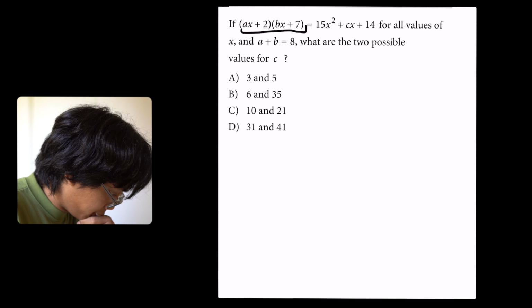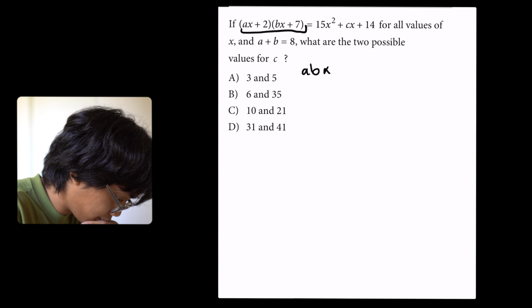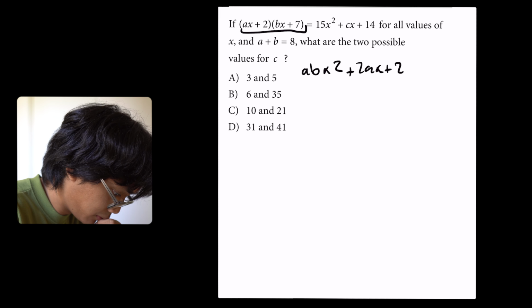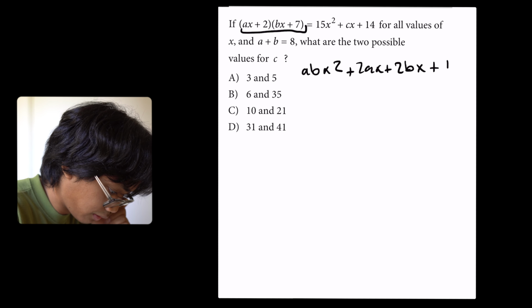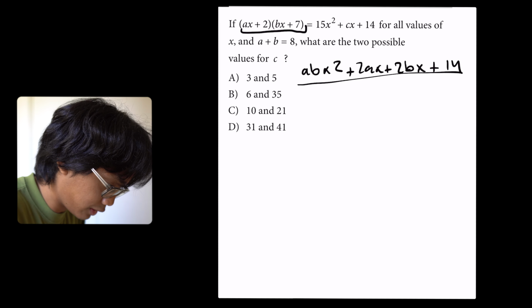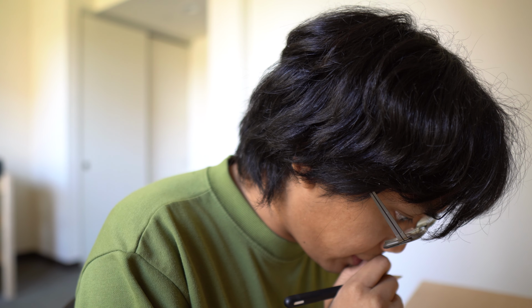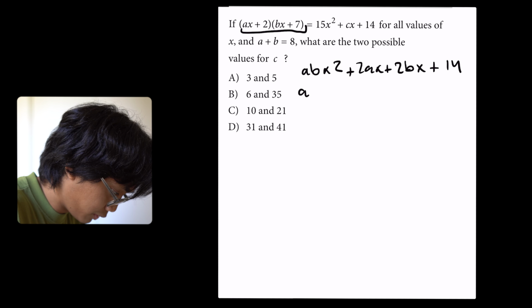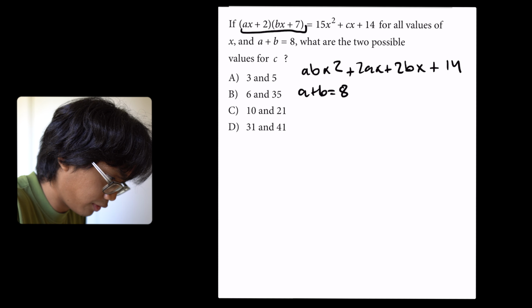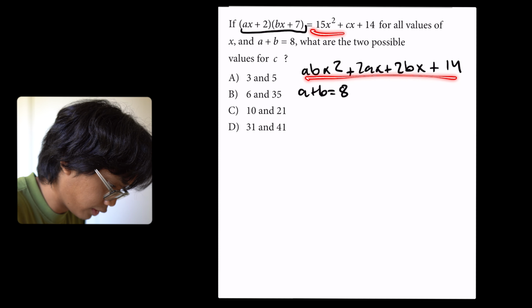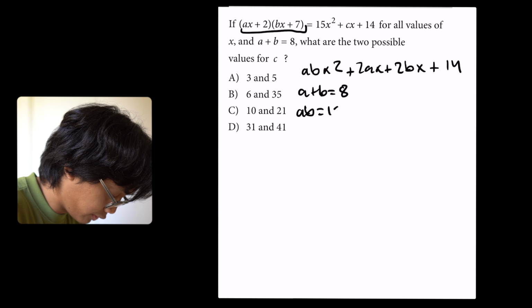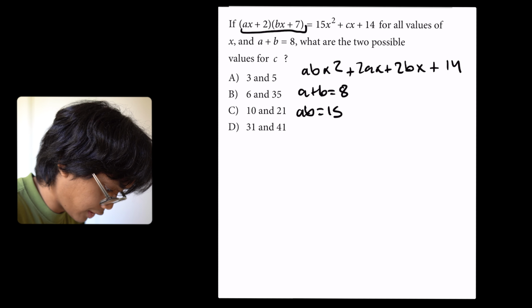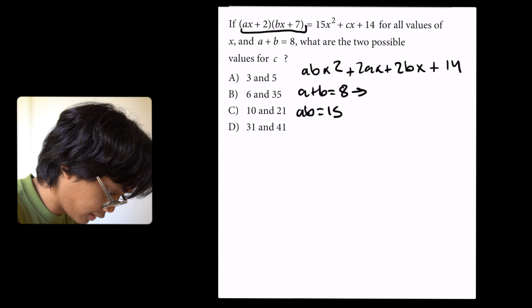You should get abx squared plus 7ax plus 2bx plus 14. This is equal to the right side. We know a plus b equals 8, and if these two are equivalent, then ab is equal to 15. Since a plus b equals 8, that also means b equals 8 minus a.